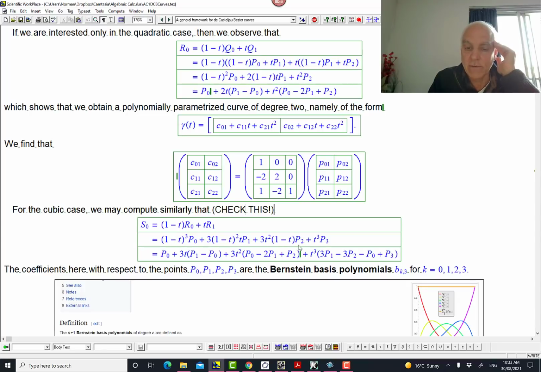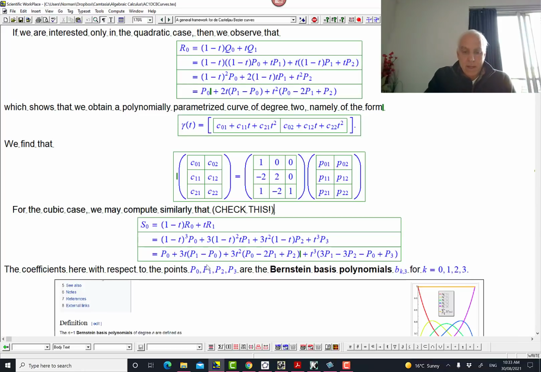So these four polynomials that appear: 1 minus t cubed, 3 times 1 minus t squared t, 3 times t squared 1 minus t, and t cubed. So these coefficients here are polynomials in t. And we can rewrite this just by expressing it as a polynomial in t, with coefficients that depend on the points. So just a rewrite of this after you expand it out and collect similar powers of t.